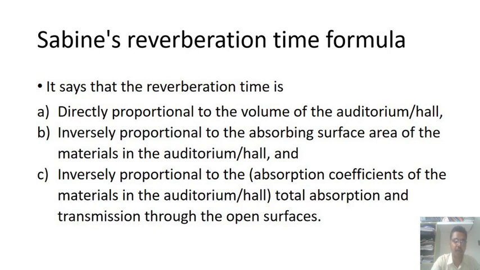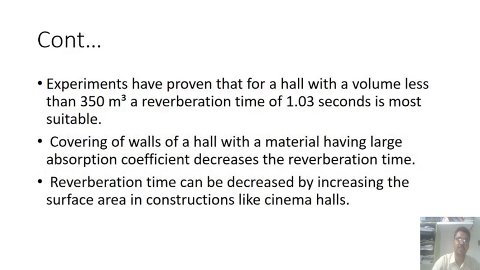Covering the walls of a hall with a material having a large absorption coefficient decreases the reverberation time. Reverberation time can be decreased by increasing the surface area in constructions like cinema halls. So we can observe that cinema halls maintain all these conditions.